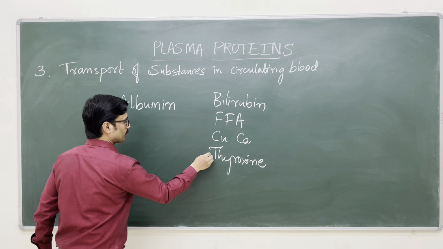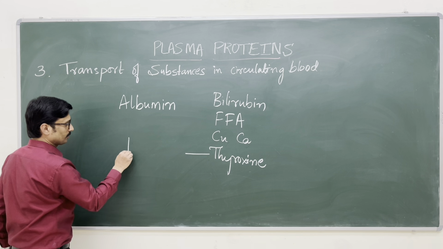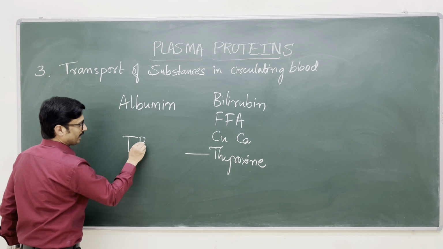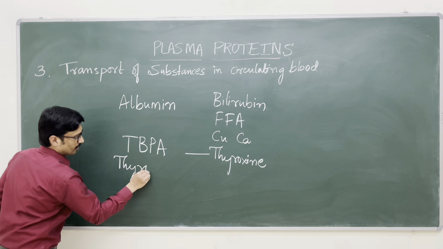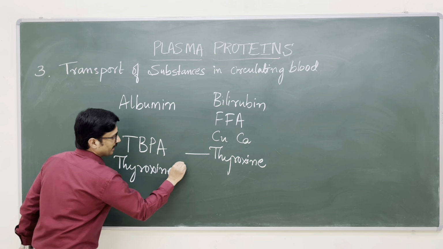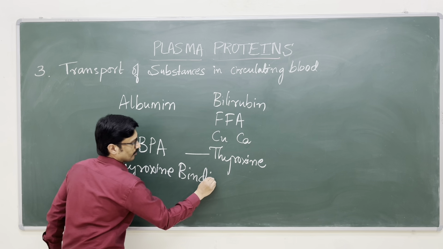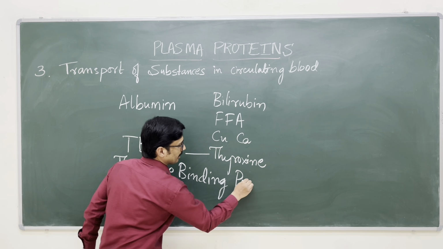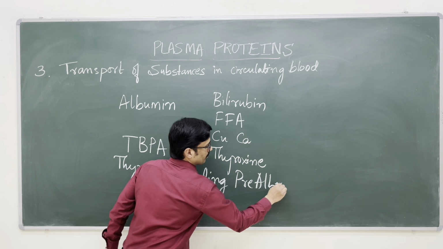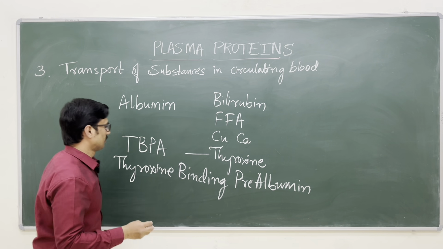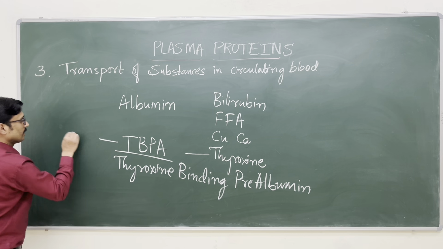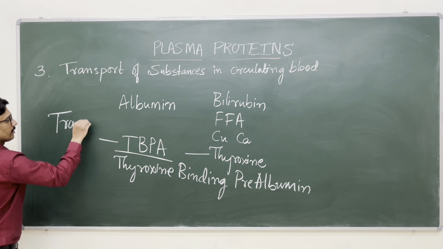The transport of thyroxine is by binding to thyroxine binding prealbumin, TBPA, which is also called transthyretin.